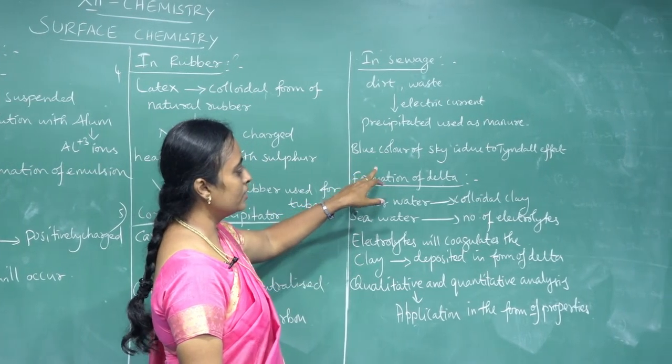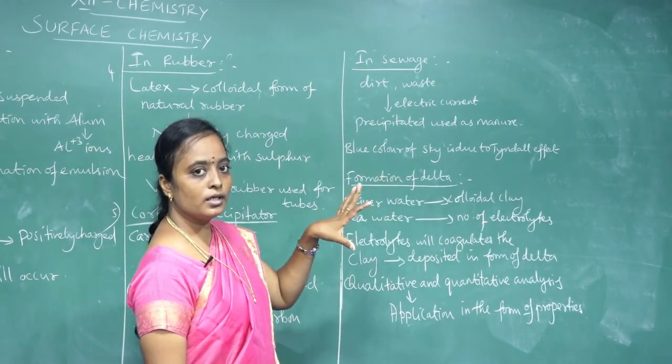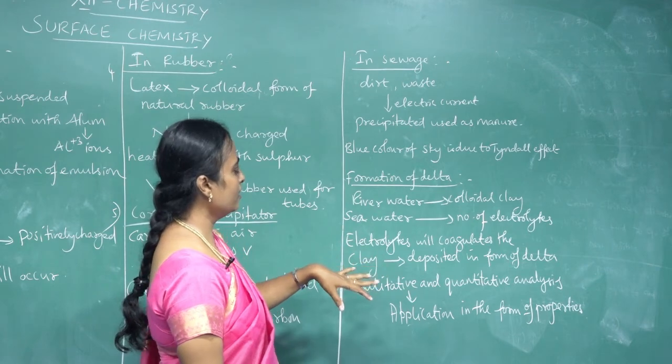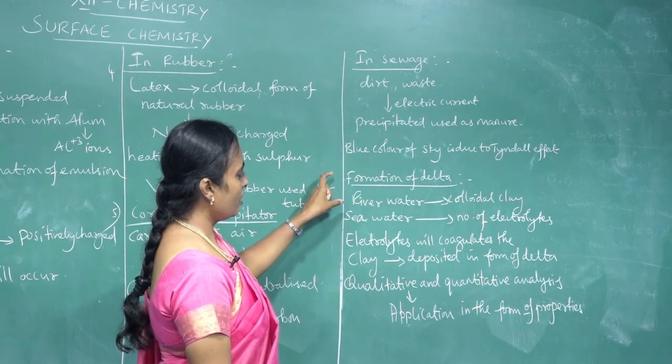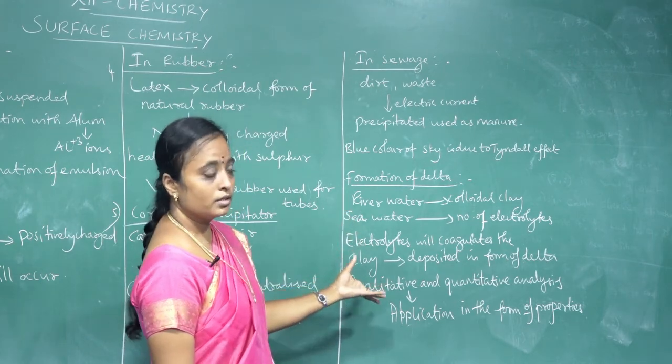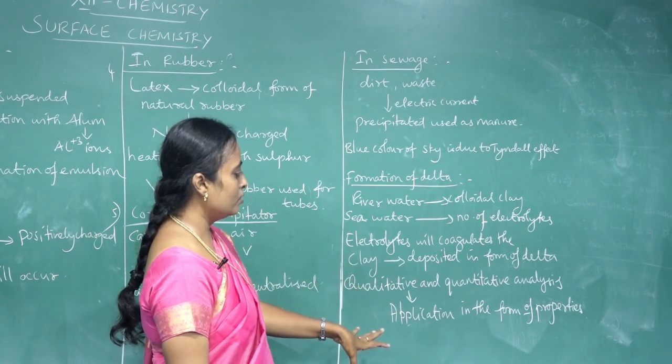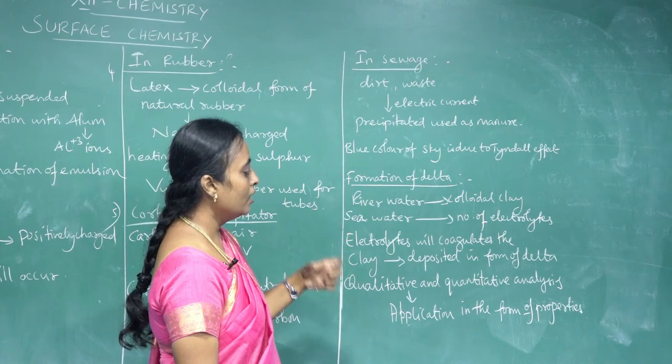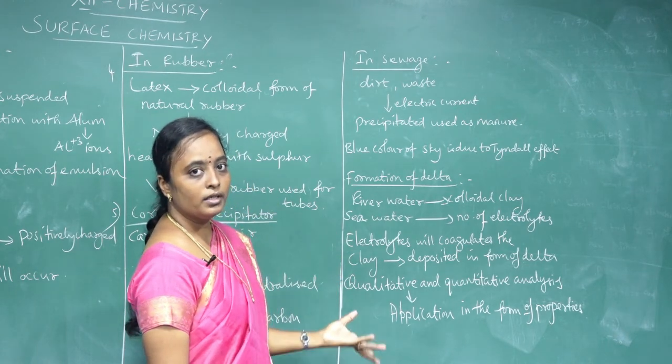The blue color of the sky is due to the Tyndall effect. Next we discussed the formation of a delta. In addition, colloidal properties can also be used in qualitative and quantitative analysis.